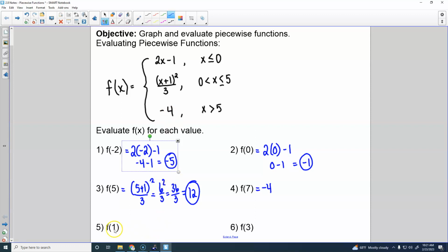Okay. For number 5, f of 1 is going to fall between 0 and 5, so we choose the middle one. We get 1 plus 1 squared over 3, which is 2 squared over 3, which is 4/3, and we'll just leave it like that since those won't divide.